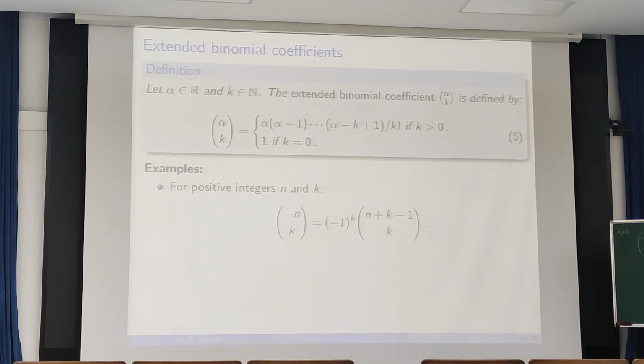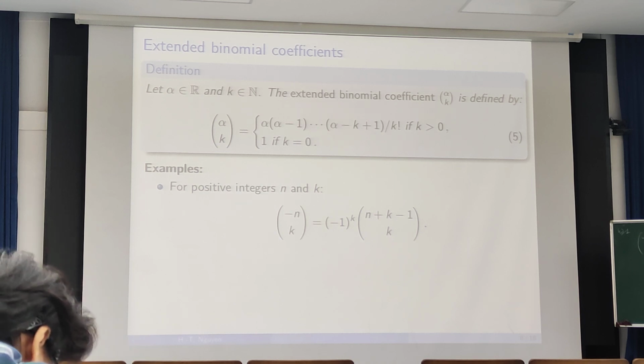Here, as usual, for convenience, we will get rid of every minus. There are k factors, so we get minus 1 to the power k, and we will have n times n plus 1, and so on to n plus k minus 1, divided by k factorial.